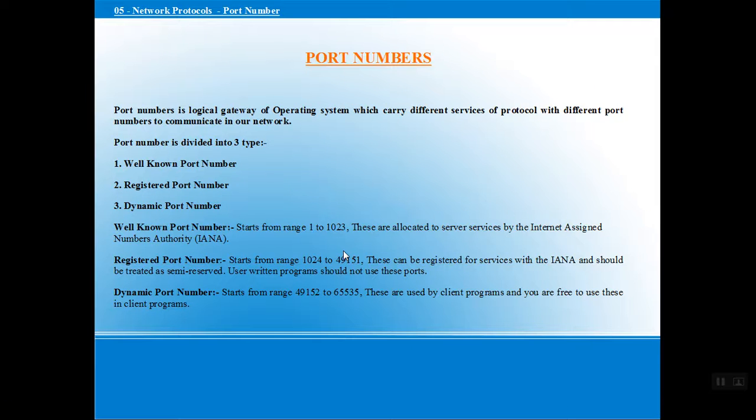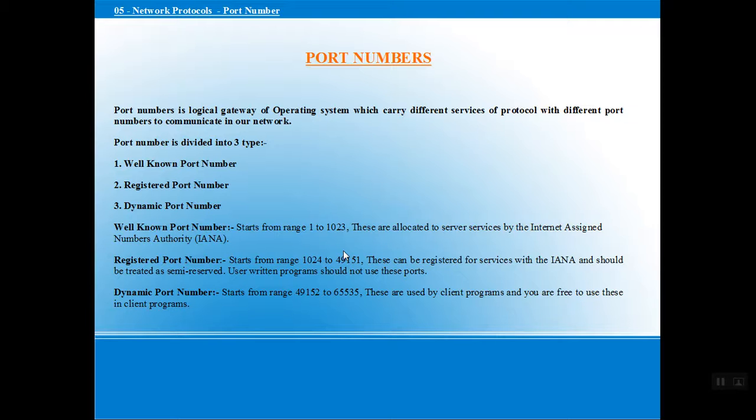If we're talking about ports, let's understand what a port and a port number are. The port number is the logical gateway of your operating system to carry the data from your set of rules and regulations, that is a protocol. Port numbers can be divided into three parts: well-known, registered, and dynamic.